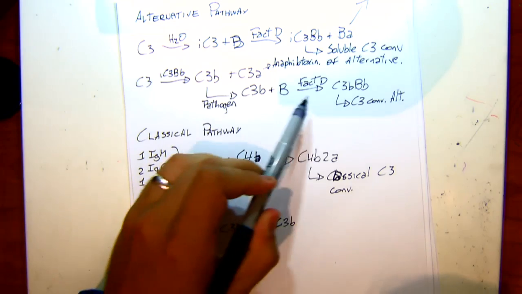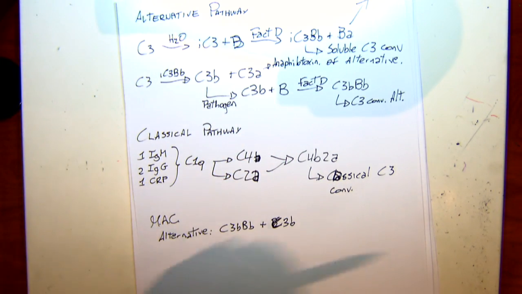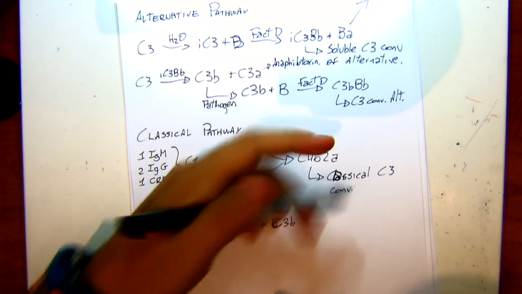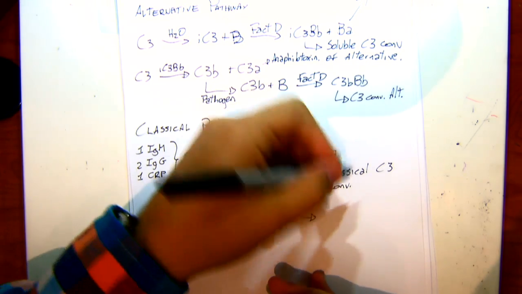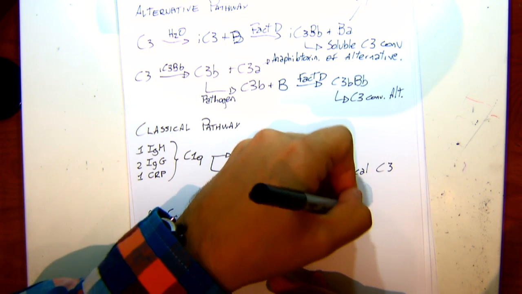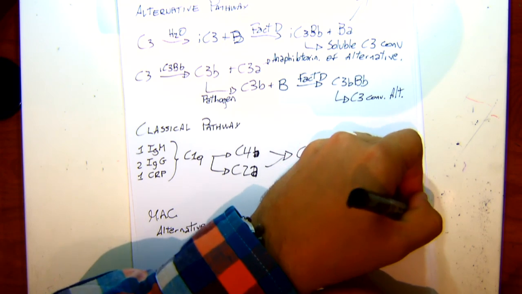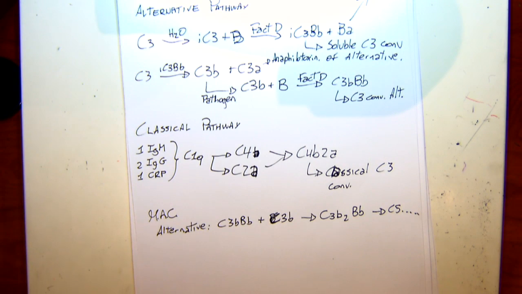So if this cuts another C3 into C3b, instead of landing nearby, it actually attaches to the whole convertase, it's going to turn into the C5 convertase of the alternative pathway, which is C3b2, big B, little b, which in turn will cut C5 and recruit C6 to C9, I think, and just do the whole membrane attack complex, which is the big hole in the bacteria, right? That will kill your bacteria.